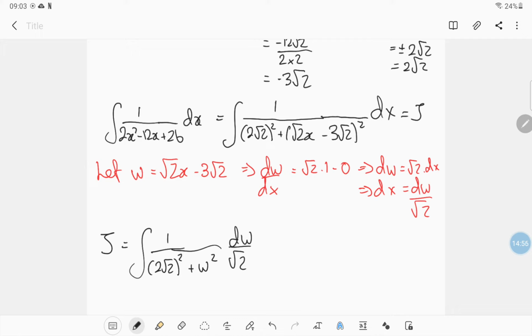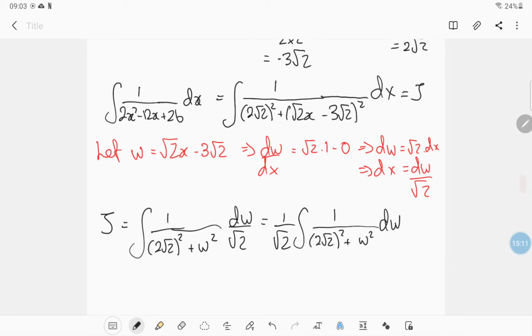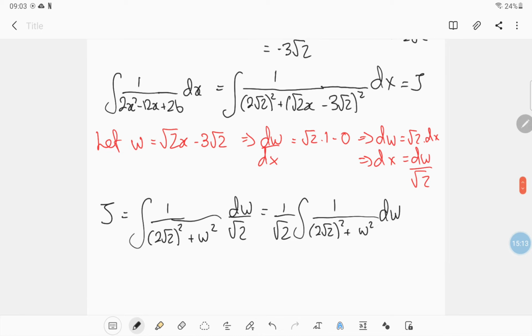And the division by root 2 is a constant that can be taken out. You'll definitely appreciate that what we did first was important. But if you went here and just did 1 over 2 root 2 inverse tan of root 2x minus 3 root 2, that would be wrong. Okay, we'll keep on going.